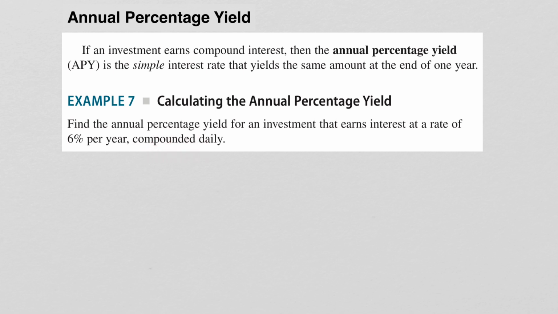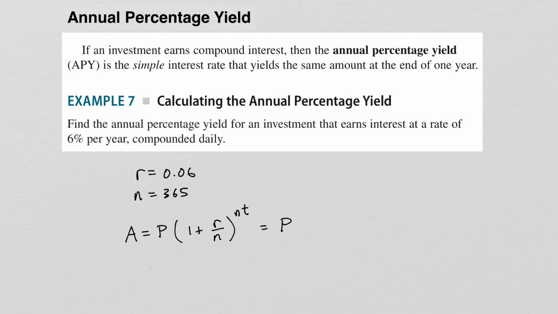So we know from the formula that R is going to be 0.06, N is 365, and the amount of money in the account is P times 1 plus R divided by N raised to the power N times T. Now we're going to plug in what we know.